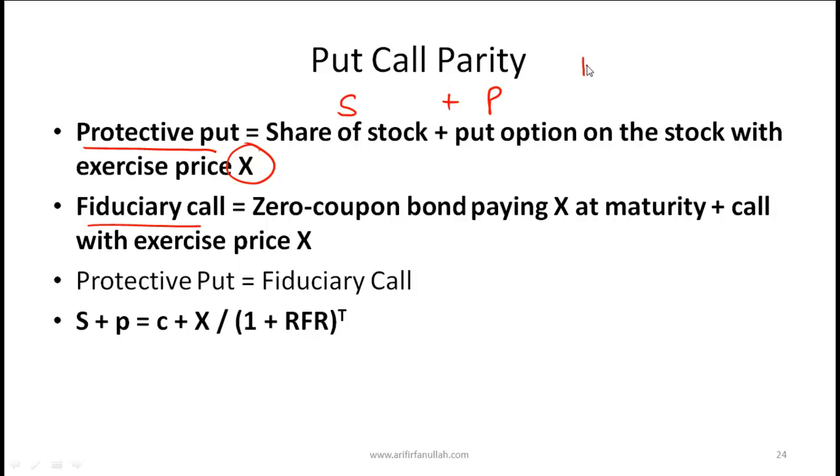So in very simple terms, if we are here at time 0, and let's say that we have 0.5 years to maturity, this zero coupon bond paying X at maturity means that in our fiduciary call, one of our investments is a zero coupon bond which matures after 0.5 years, and at maturity it will pay us X. We also have a call with an exercise price of X, so this call option needs to mature over here.